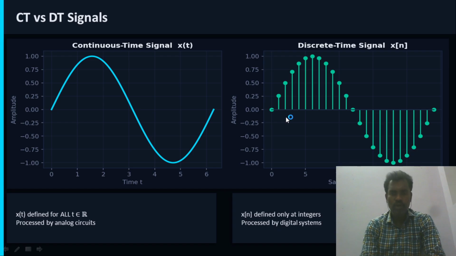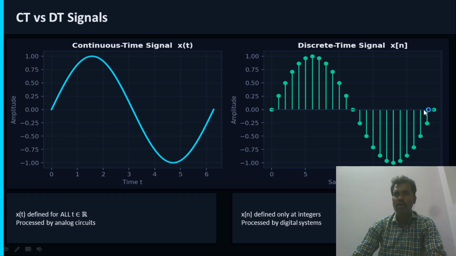So at 0 Ts, 1 Ts, 2 Ts, 3 Ts, 4 Ts, 5 Ts and so on, n Ts, at integer instants of time. Ts is uniform, so Ts can be hidden. So x of n means at integer instants of time, where the time we are considering is the sampling interval, Ts.